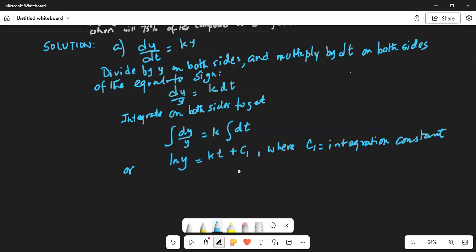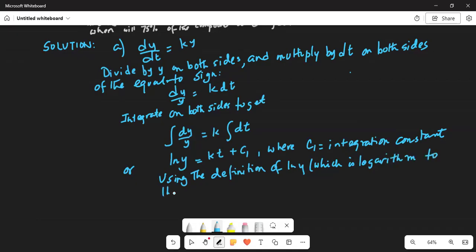Okay. So by using the definition of ln y, which is logarithm to the base e, which is the natural number, we get y is equal to e to the power of kt plus c1.